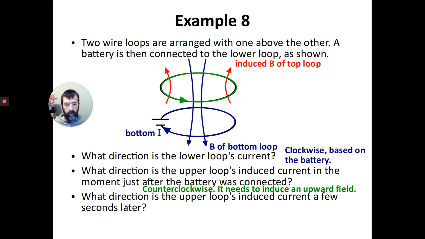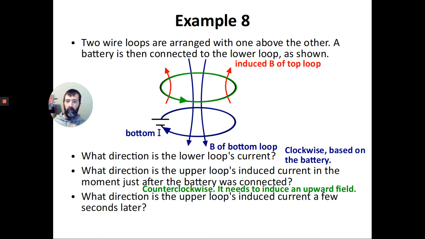Then, lastly, what direction is the upper loop's induced current a few seconds later? Now remember, you only get induction when there's a change in the flux. So turning on the battery creates a change. But once the battery is on, there's just going to be this constant current in the bottom loop.